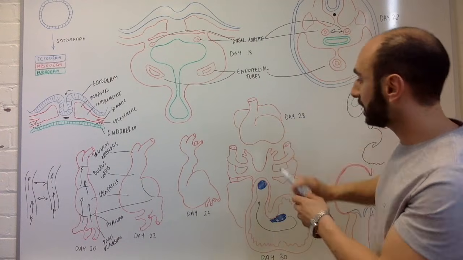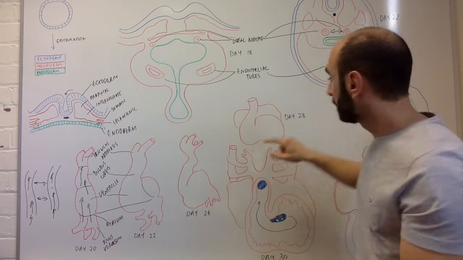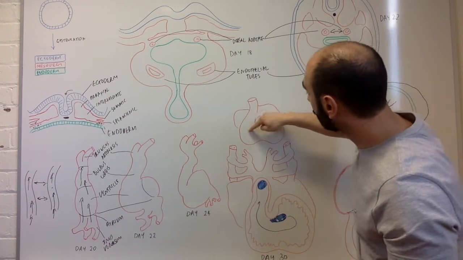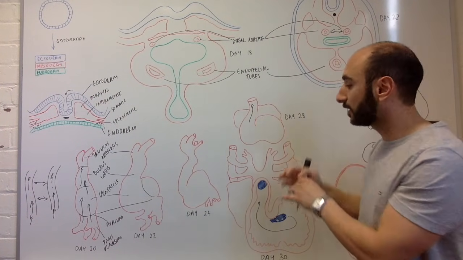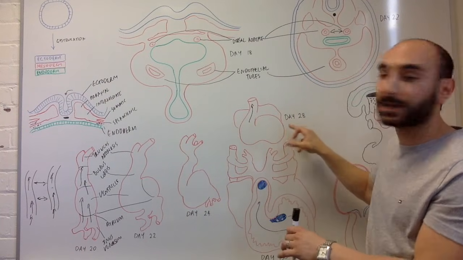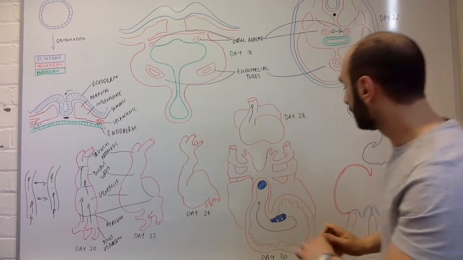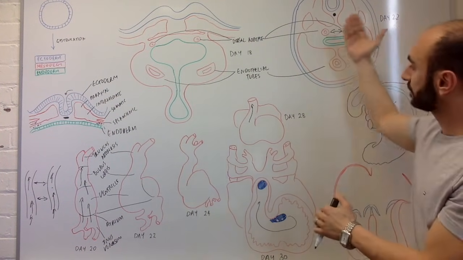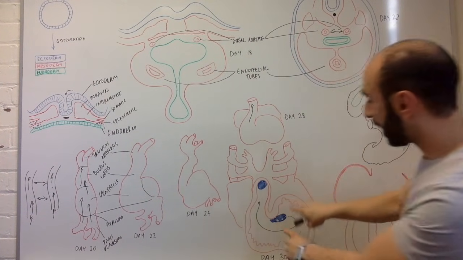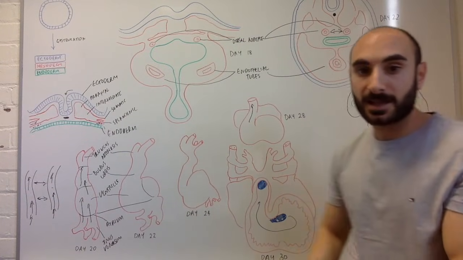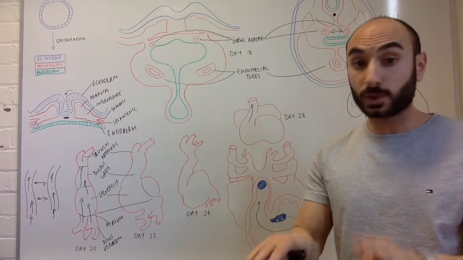And at day 28, if we get the frontal section, it'll look like this. So you have blood flow leaving the heart from here and receiving it from the back. So this over here is behind this heart right now. So on day 30, if we just slice the heart like this, we'll have a heart looking something like this. And I'm not going to go into too much detail.